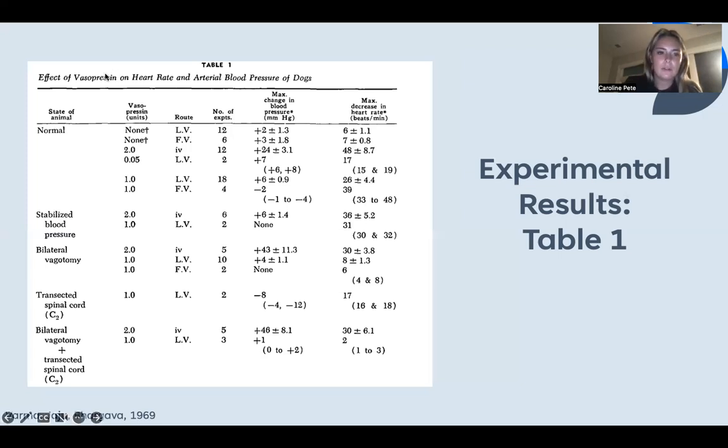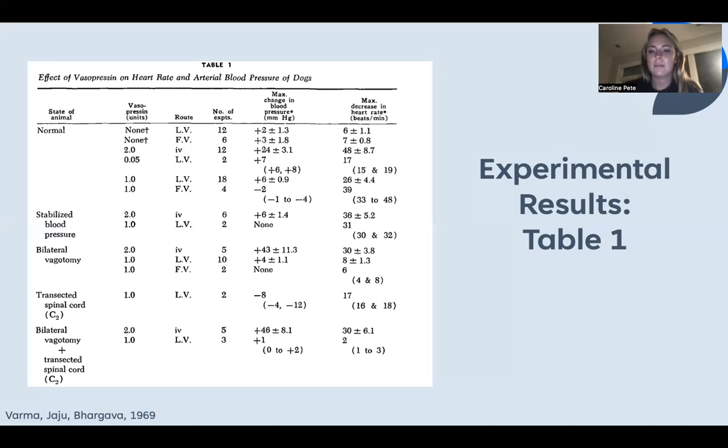So in this table, you can also see right here, the spinal cord transection was not as effective as bilateral vagotomy in reducing the bradycardia that resulted from the vasopressin injection into the lateral ventricle. After cord transection, the injections produced a mean maximal decrease in the heart rate of 17 beats per minute, whereas the vagotomy results show 8 beats per minute.